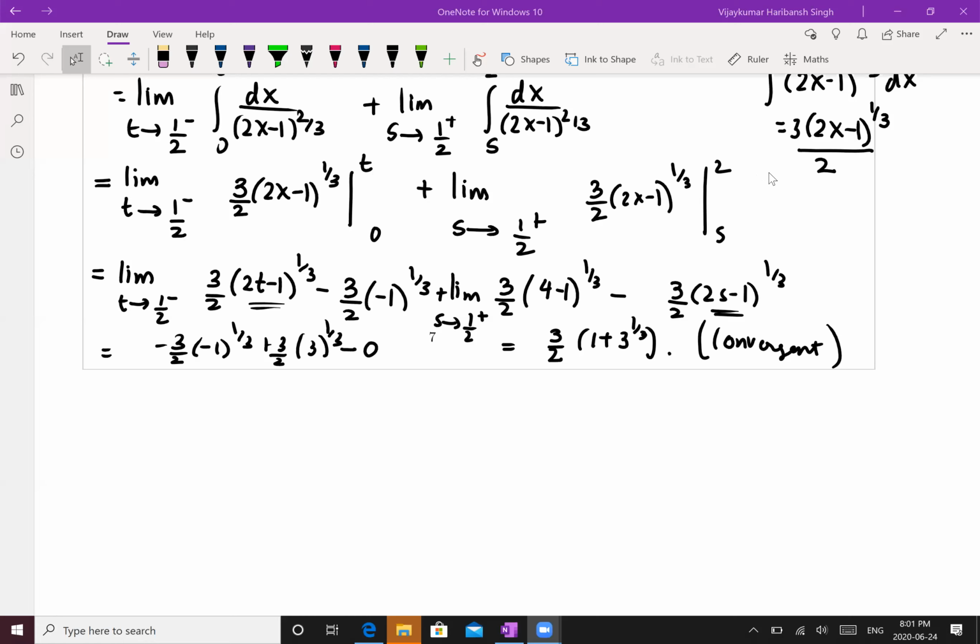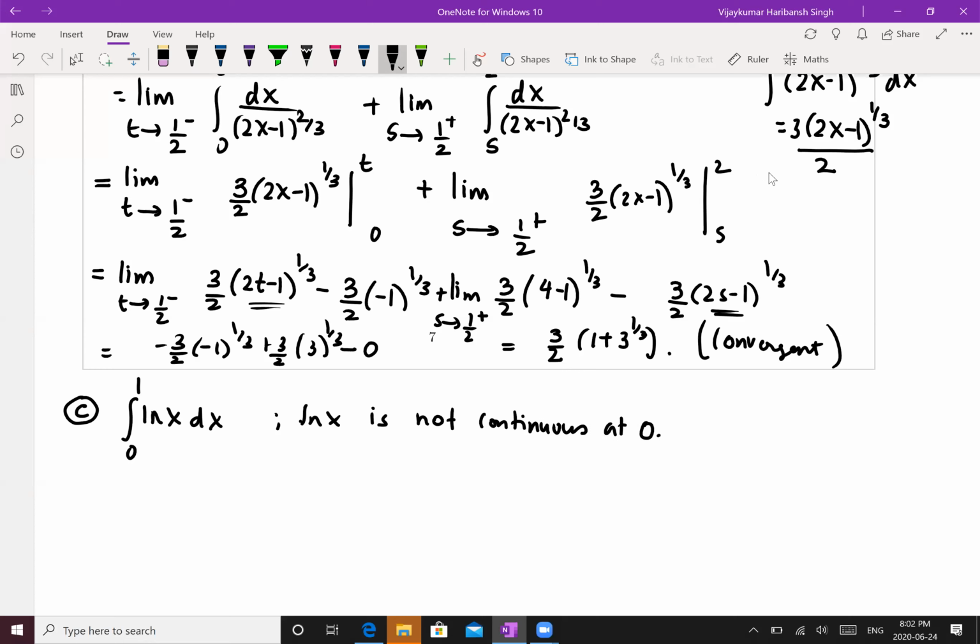The next integral we want to deal with is c, which was the integral from 0 to 1 of ln x dx. Again, where is the problem? ln x is not continuous at 0. So that's where the problem is.